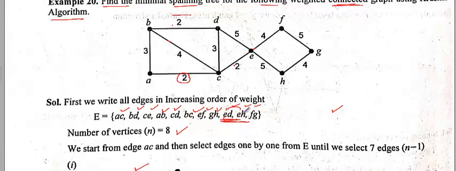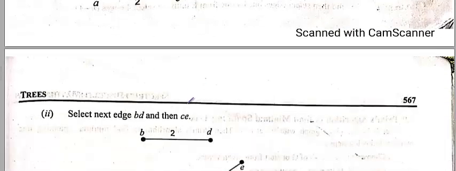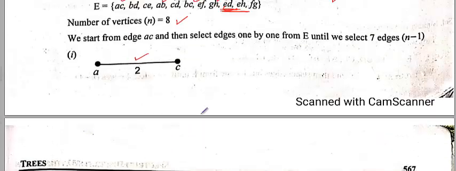So you have to select the edge which does not complete a circuit, and that should be the minimum. So next we will select this 2. It is also continuing, but it is not required to be continuing; it may be disconnected. Then next you will take this one, very much clear, correct?